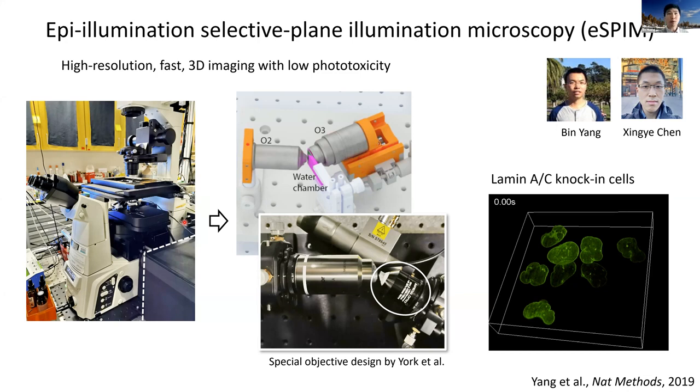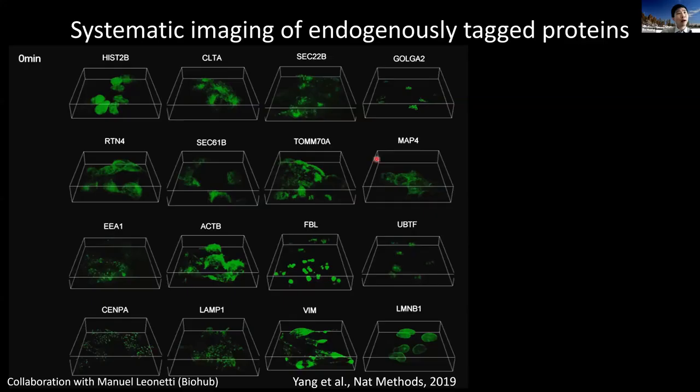And there are some more advances of the untilting pair. They call it Snouty, by Andy York and Calico, to make everything more operable. One example, in this case, we are imaging... Unfortunately, it's not playing.